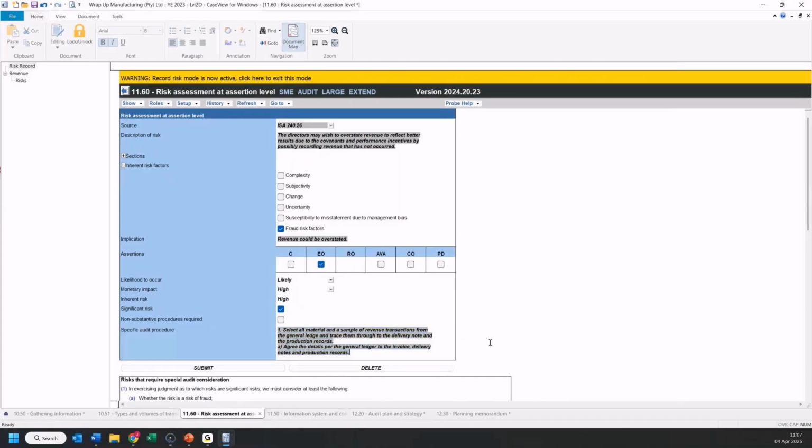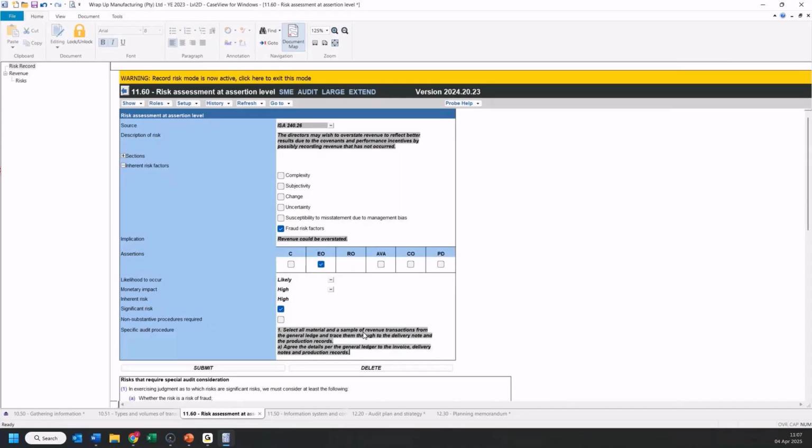What I want to mention about this is that you'll see I've mentioned select material and a sample, and you're saying, but hang on, how's that different to the required procedure and the sample procedure? Yes, I agree. The required procedure would also have said select a material, and the sampling procedure would have said select a sample and perform so on. So a specific audit procedure for a significant risk does not always have to be more, and it doesn't always have to be very different to what you would have done.